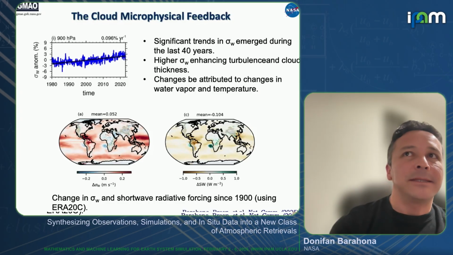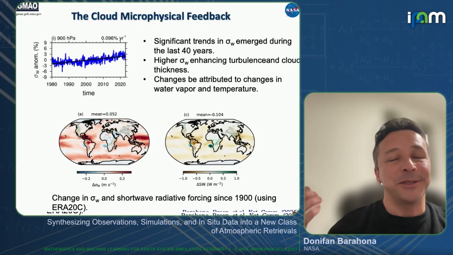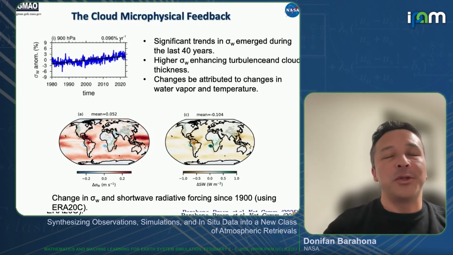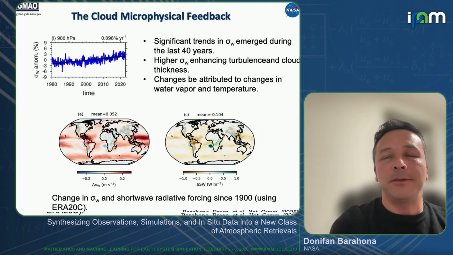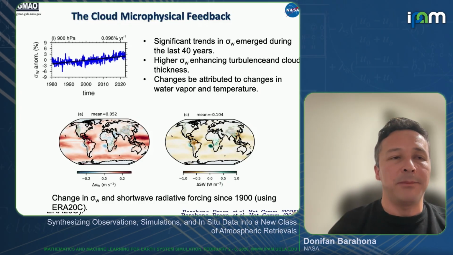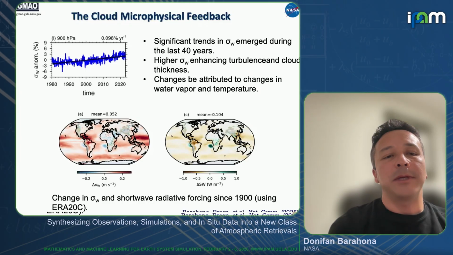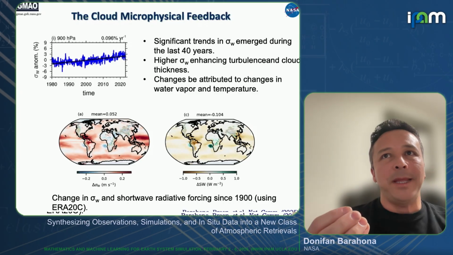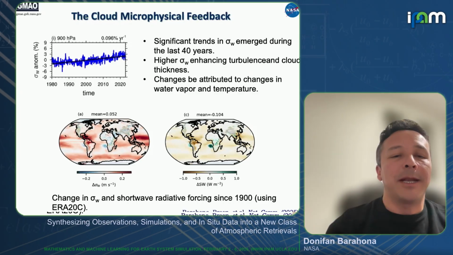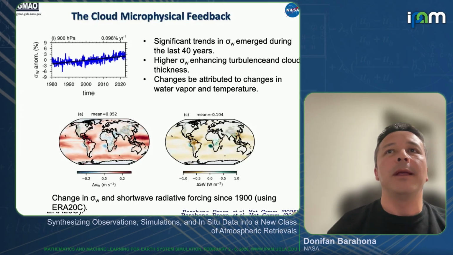This means that the atmosphere is becoming more turbulent, and because it's more turbulent, it tends to enhance that cloud formation event. So that means that you have more droplets, and those more droplets, if you keep the liquid water path or the water vapor constant, tend to produce more and smaller droplets, and then that will increase their thickness. So they're becoming more opaque.